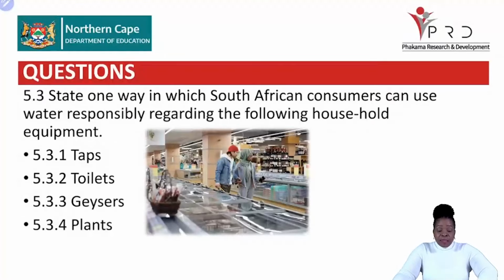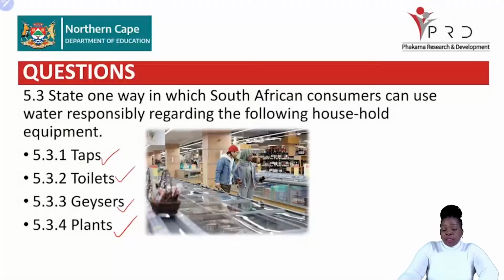It says, state one way in which South African consumers can use water responsibly regarding the following household equipment. 5.3.1, we always use taps at home for our water. We use toilets at home. We use geysers. And we have plants in our backyards, or in our gardens.